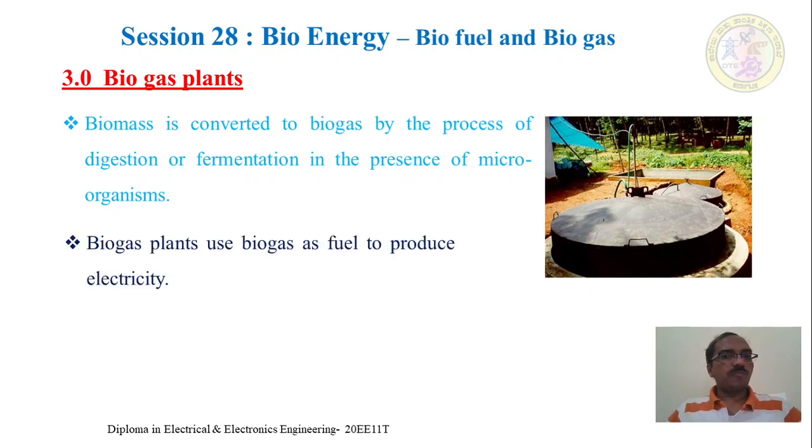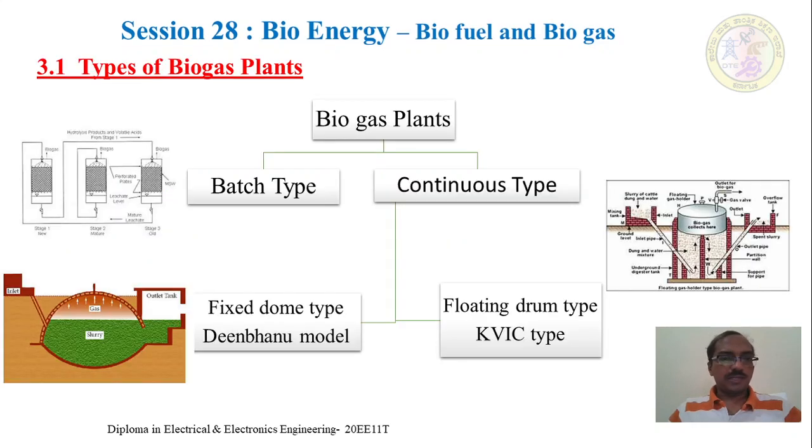Biogas plants use biogas as a fuel to produce electricity. If I say it is a biogas electrical plant, then the primary source of energy is the biogas. Whatever fermentation you have done, the biomass will be converted into biogas that can be used for producing electricity.